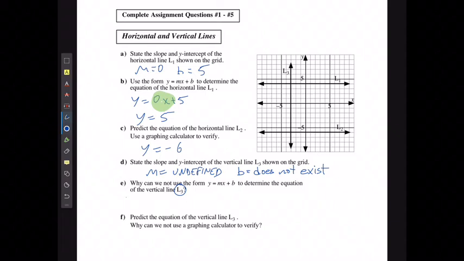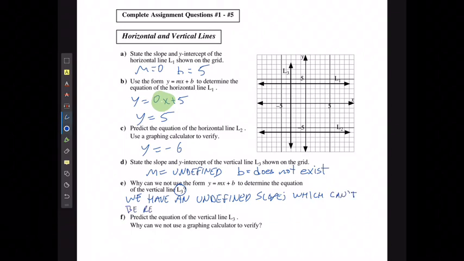Because we have an undefined slope, which can't be represented by a number, and no y-intercept.